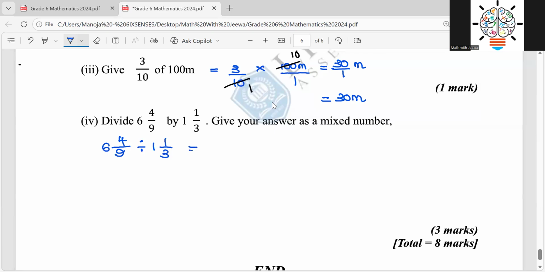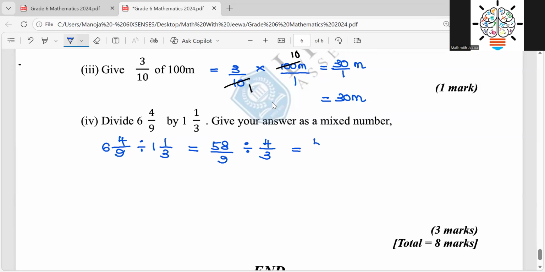I told you, children, that either it is addition, subtraction, multiplication, or division, if they are mixed numbers, the very first thing I do, I convert them into improper fractions. 9 times 6, 54. 54 plus 4 and 58. 58 over 9, and 3 times 1, 3. 3 plus 1, 4. 4 over 3.